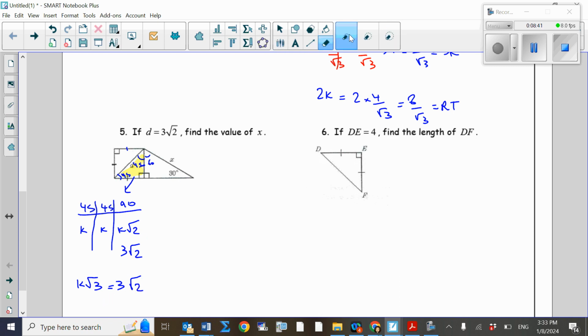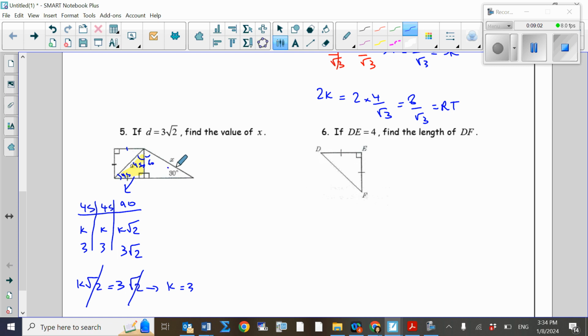Sorry, this is k root 2. Now I can drop the root 2 from both sides, and k is equal to 3. And that's it. So we found these two sides. These two are equal to 3.